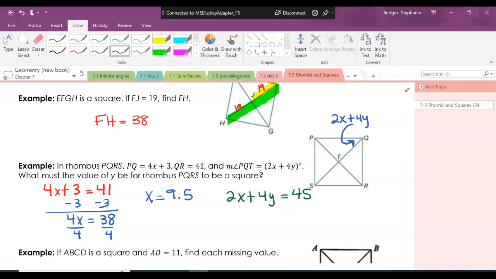But I know what x is, so what should we do with that? Plug it in. So let's do that first. We're going to go 2 times, but instead of x, we're putting what we got for x, which is 9.5, plus 4y equals 45. Is everybody okay with where the 45 came from?